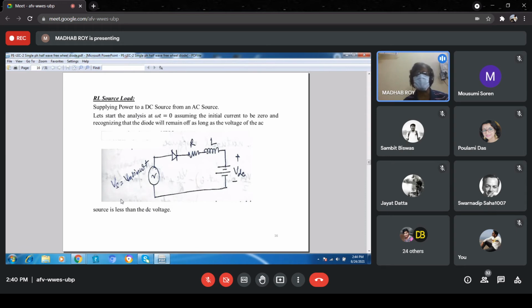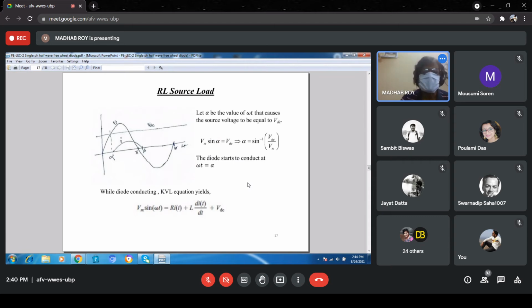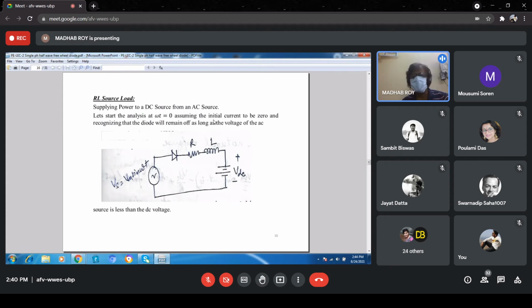So we can now discuss this scenario also, how the trajectory of the current will be and how the action of this diode will take place. Here in the earlier graph we saw that the polarity of this voltage is positive. Now in the positive half cycle, the voltage is rising, so here is the positive polarity, here is negative polarity, but still this negative polarity DC voltage is coming here.